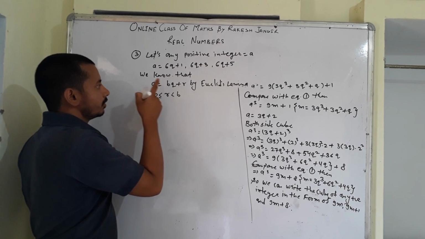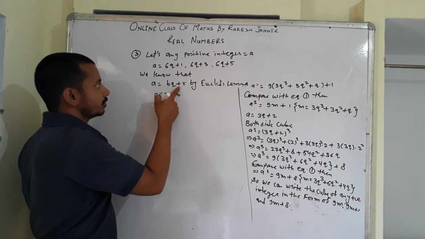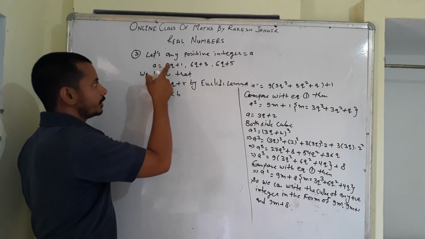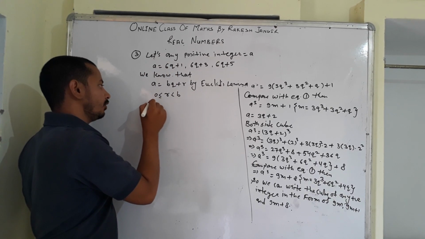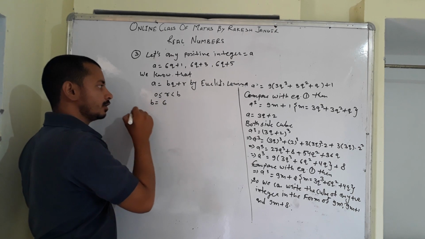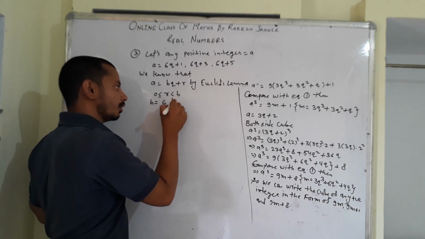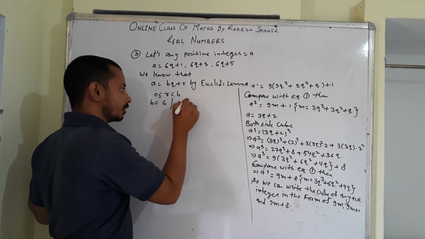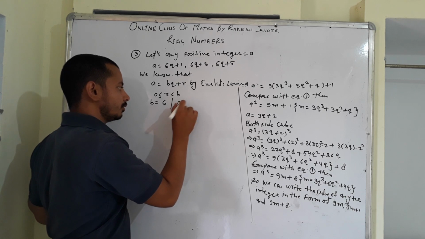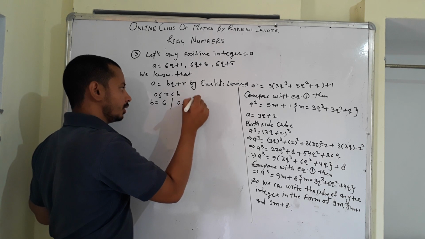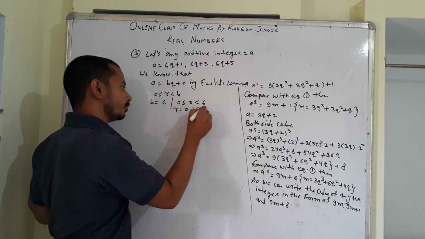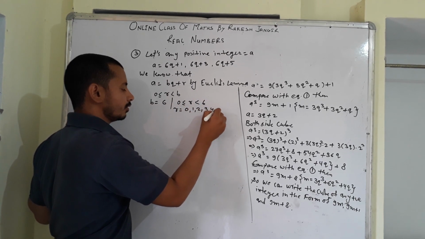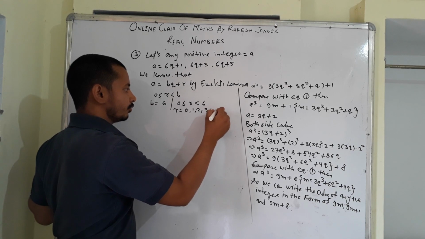When we compare a equals bq plus r to a equals 6q plus 1, then we find the value of b equals 6 and the value of r is greater than or equal to 0 and less than 6, then r equals 0, 1, 2, 3, 4, 5.